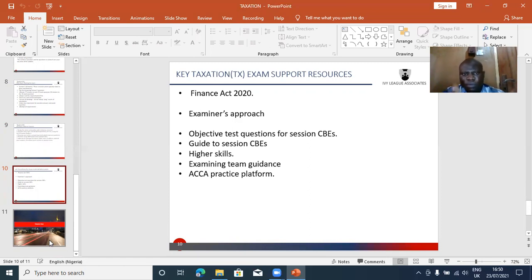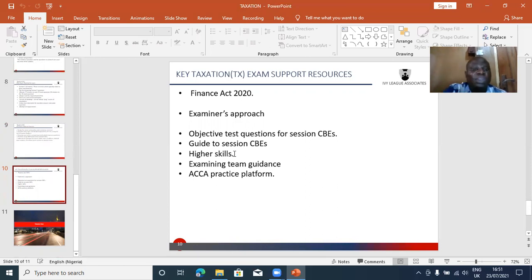Then there are resources on the Guide to Session CBEs, on the functionalities and the CBE environment. And there's an article on higher skills. I can tell you that this article on higher skills helps you to see the interaction of taxes. Many a time we've seen that the 10-mark question in section C of the exam always features something from higher skills.